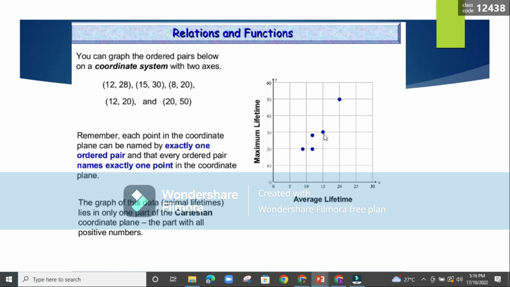And lastly, we have the ordered pair 20, 50. Here's our 20, and 50 is here. So these are the points that correspond to these ordered pairs. Okay, so that's it.